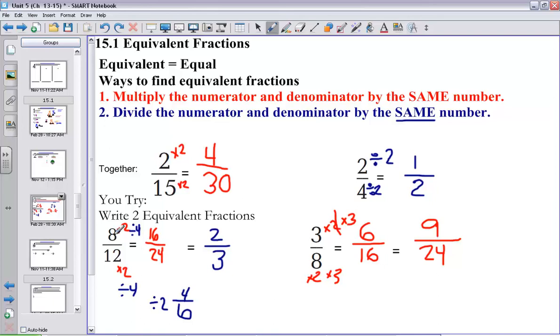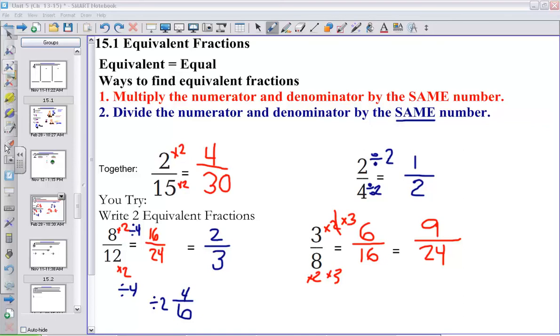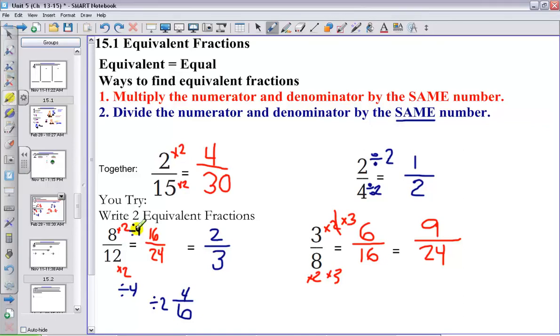So I'm going to have 16/24. 8 and 12 also have common factors, so I divided by my greatest common factor of 4 and got 2 for my numerator, and divided by my greatest common factor of 4 for my denominator and got 3, so an equivalent fraction could be 2/3.